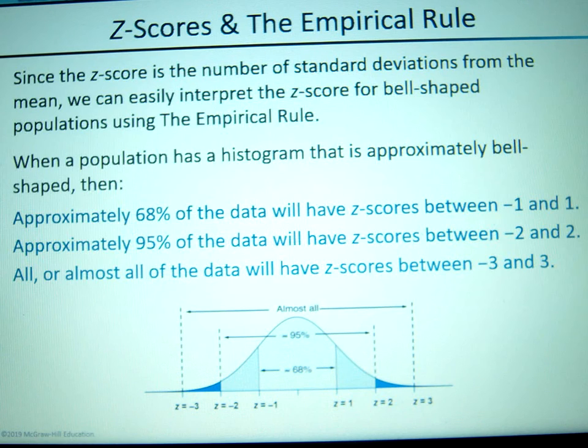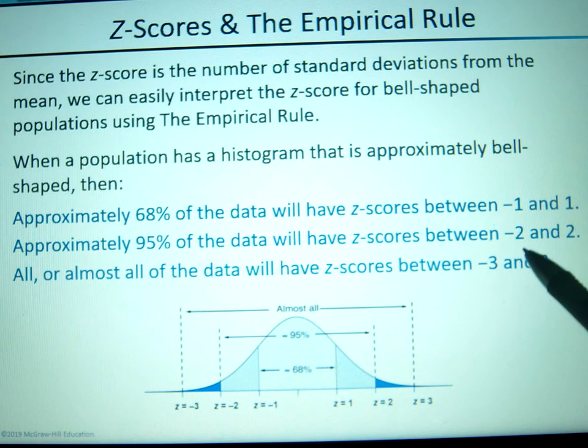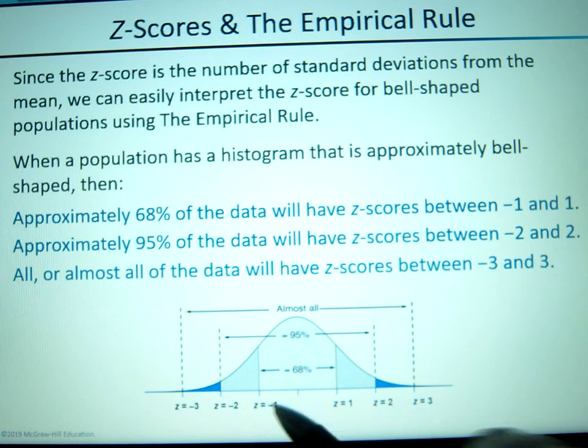When a population has a histogram that's approximately bell-shaped, then we will know that 68% of the data will have a z-score between -1 and 1. 95% of the data will have a z-score between -2 and 2, and almost all of the data, or all of the data, will have a z-score between -3 and 3. So here are your z-scores below. You can see below, -1, -2, -3, above, 1, 2, 3.